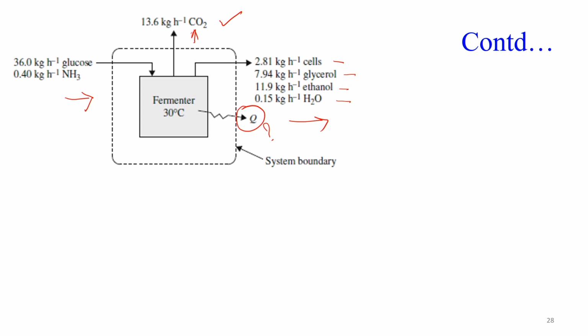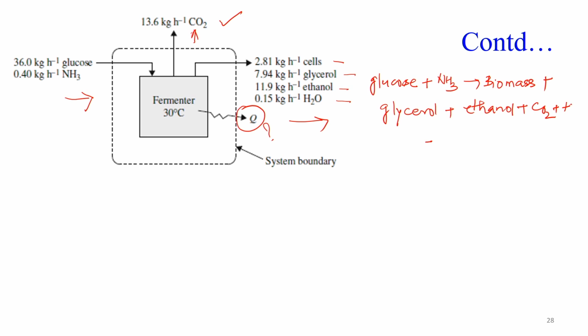So, what do we have to do for this question? You have to apply the energy balance. What is your inlet? Inlet is your glucose plus ammonia, generating our biomass plus glycerol plus ethanol plus CO2 and H2O.